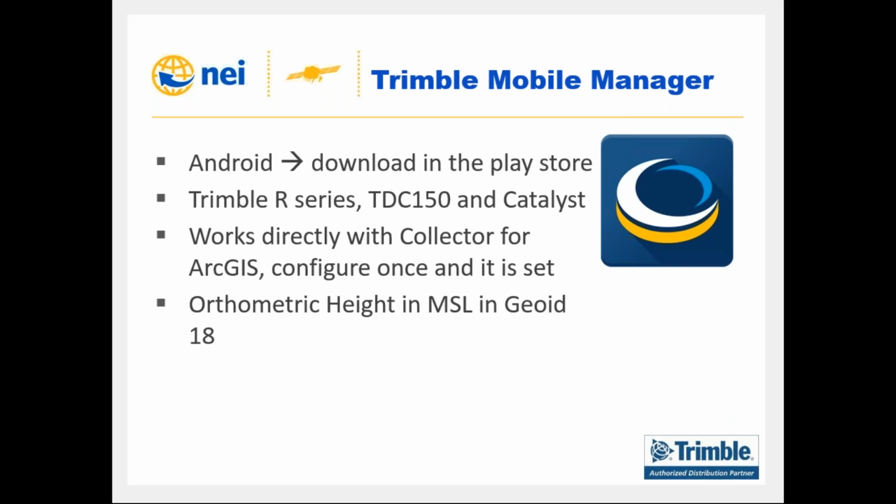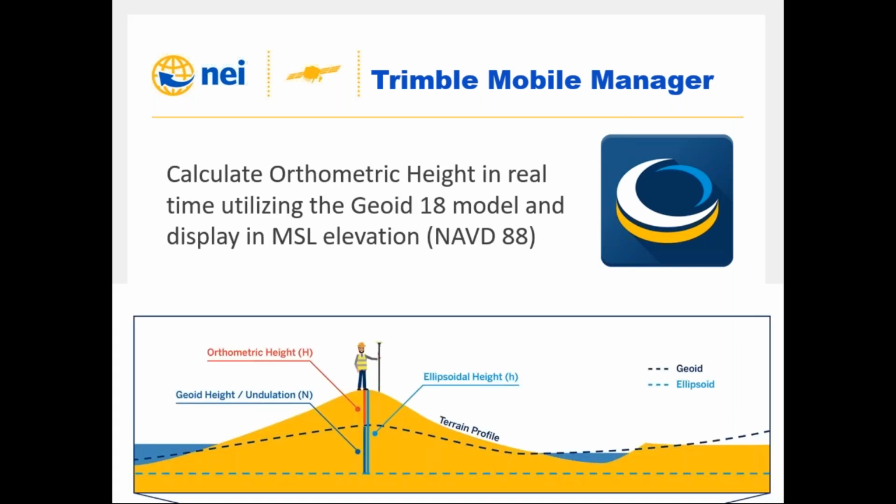And then what it's capable of doing also is an on-the-fly translation from the height above ellipsoid to an orthometric height. And just a brief explanation of what this is. If you see the bottom layer there, the ellipsoid, an ellipsoid and a geoid are just representations of the Earth's surface.